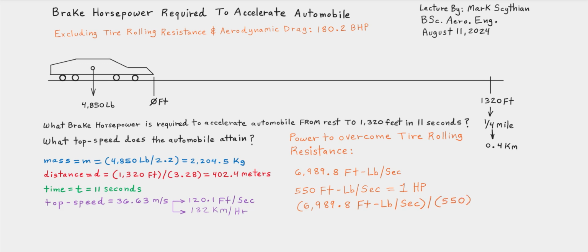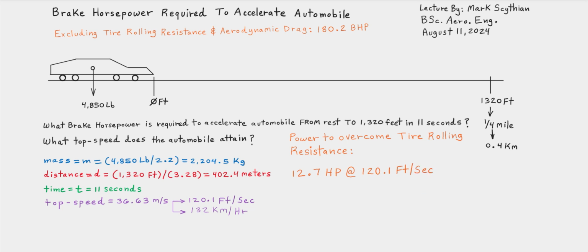We also know that there are 550 foot-pounds per second to 1 horsepower. So when we divide this value by 550, we calculate 12.7 horsepower at 120.1 feet per second, or the final velocity, which is 82 miles per hour.